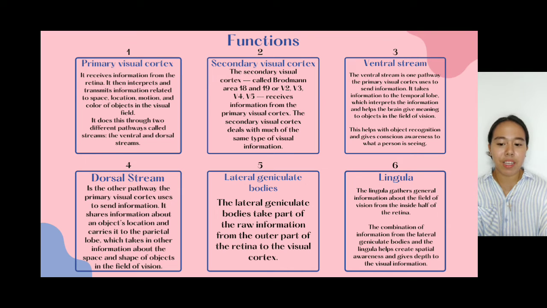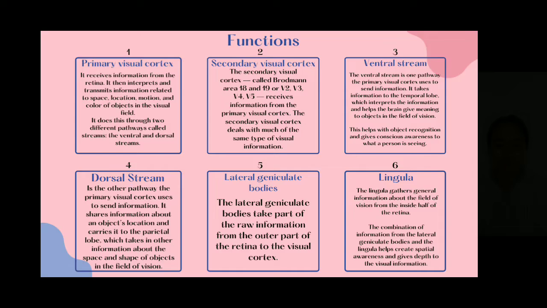Functions. First is the primary visual cortex. It receives information from the retina. It then interprets and transmits information related to space, location, motion, and color of the objects in the visual field. It does this through two different pathways called streams, the ventral and dorsal streams.